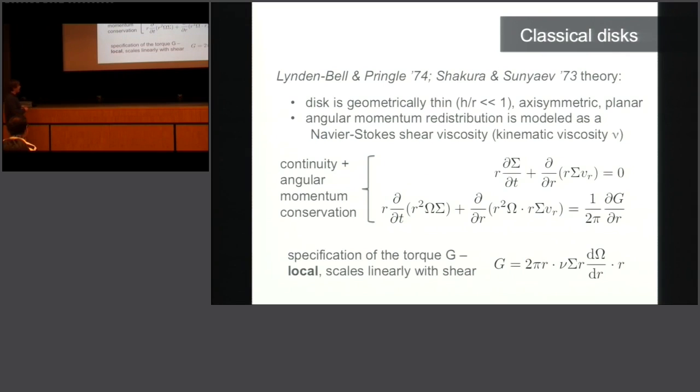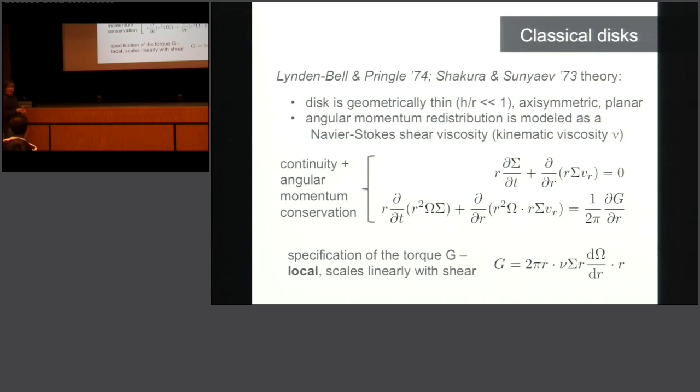So the basic equations that are being dealt with are two. One is the equation of mass continuity. So sigma here is the surface density. V_R is the radial velocity. So we have one equation just reflecting the fact that in this model there are no winds, and so mass has to be conserved within the disk as it flows in. It's neither gained nor lost during that process.